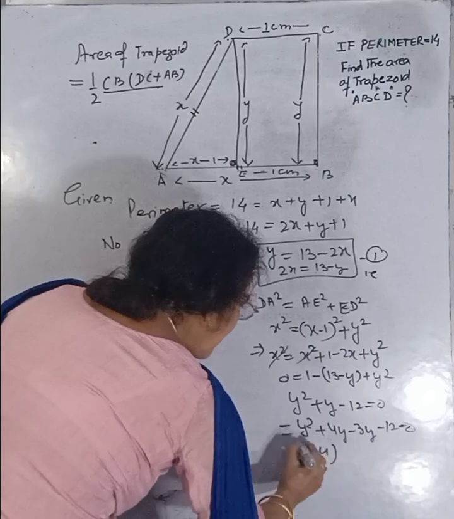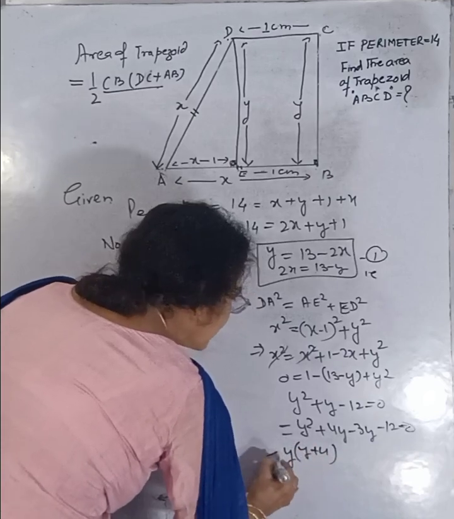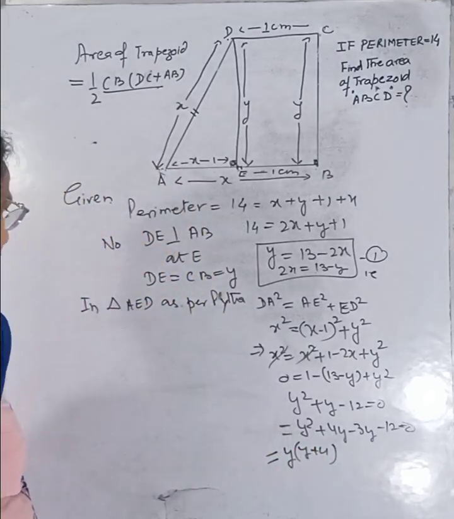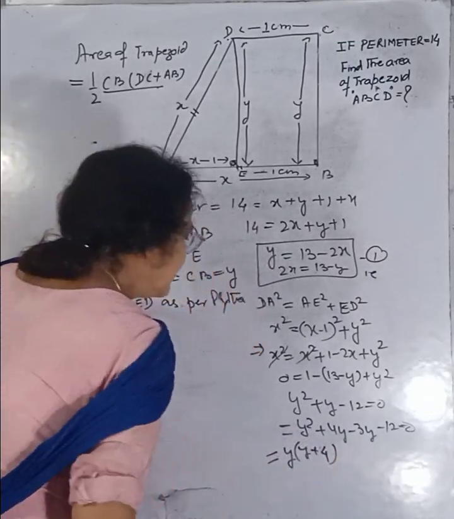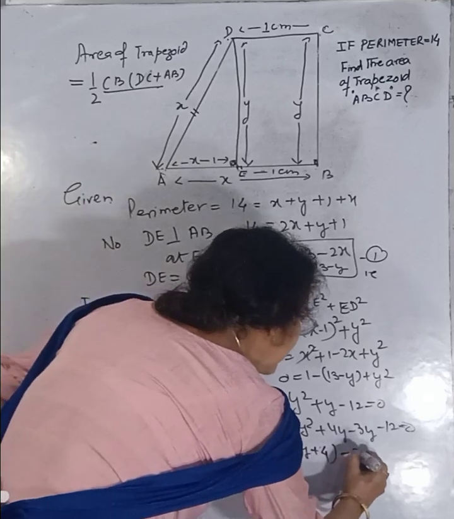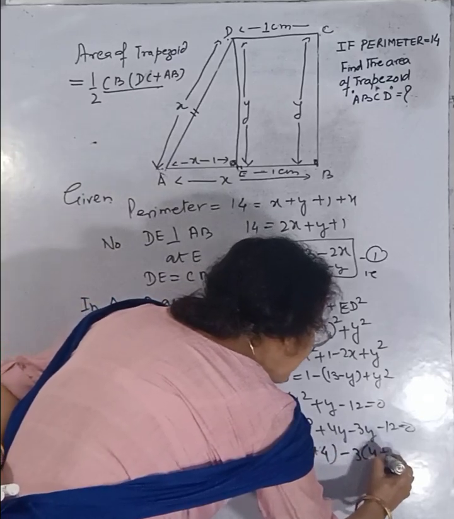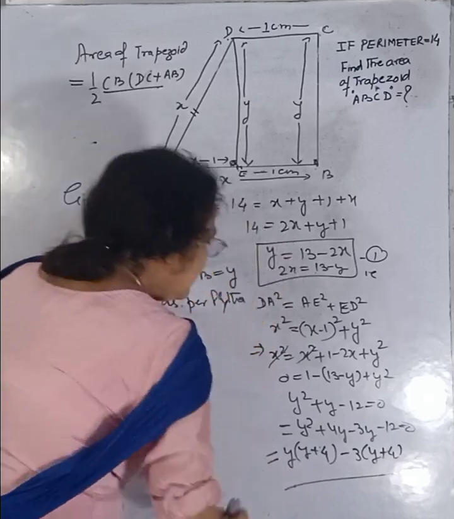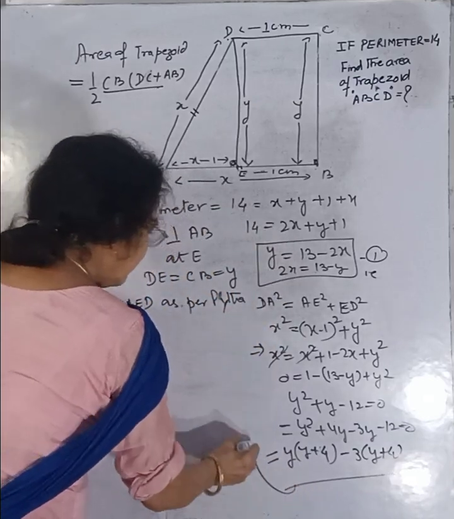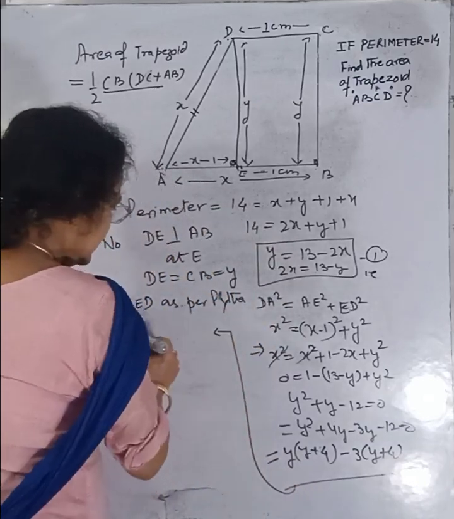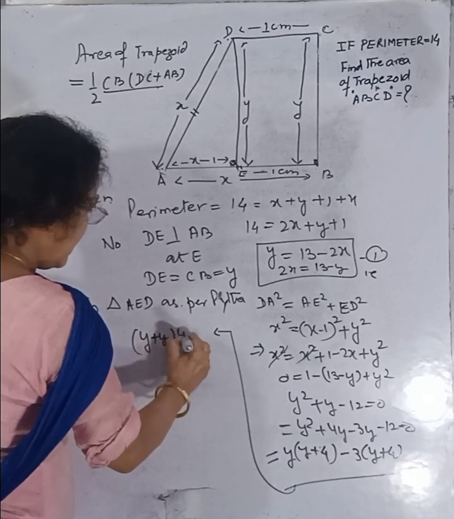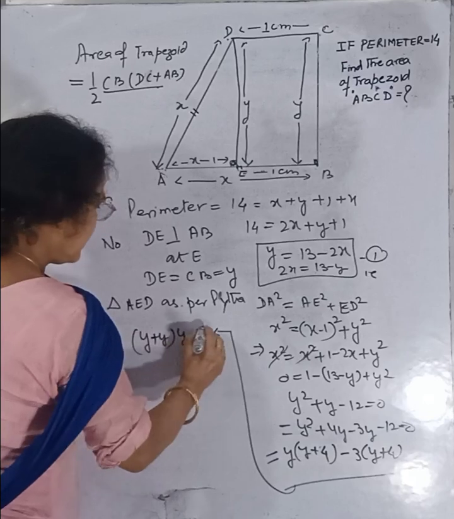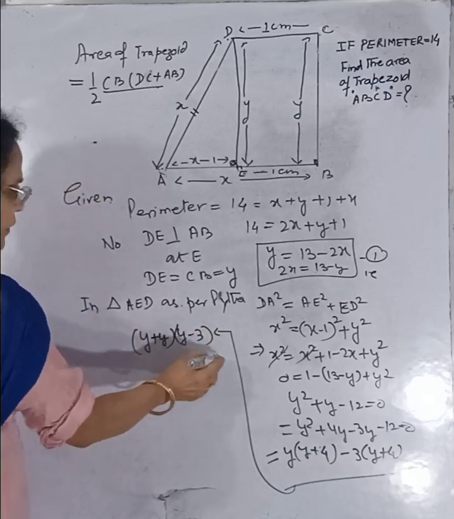If we take common factors, we get y plus 4 and y minus 3 as the two factors, and this will be equal to 0.